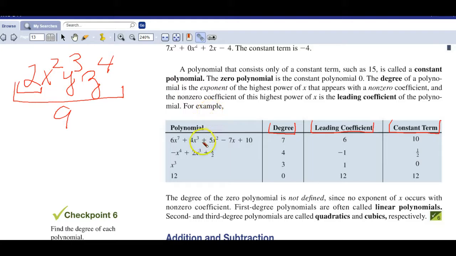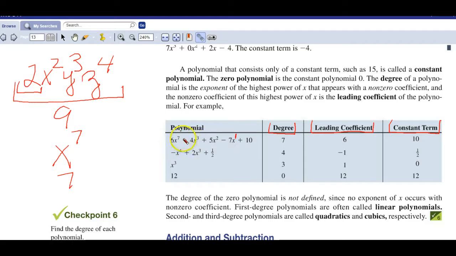So let's look at this one here. Now if there's only the one letter, like x to the 7th, then the degree of that is 7. So here we have x to the 2nd, 7th, to the 3rd, to the 2nd, to the 1st. Now if there's no number by it, it's to the 1st.